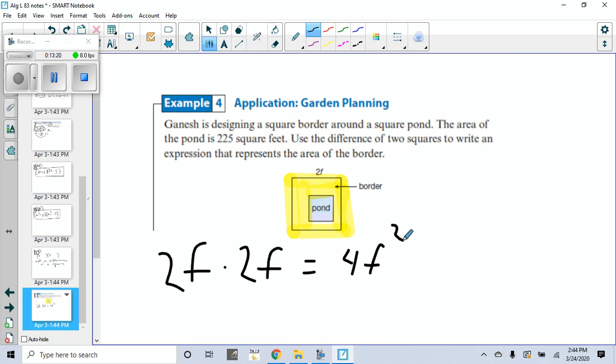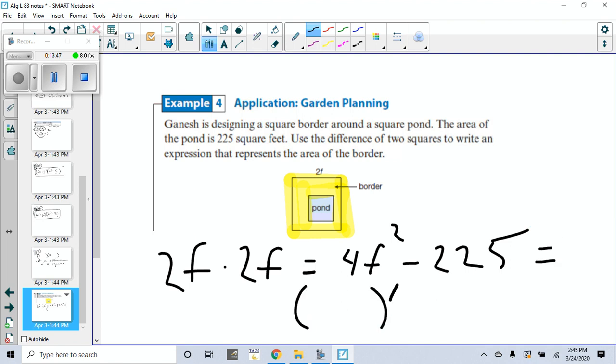And the area of the pond, we already found out, was 225. So we're going to subtract that. The area of the entire square is 4f squared. But for us to just find the yellow area, we would have to subtract the area of the pond, which is 225. And then it wants us to factor that.